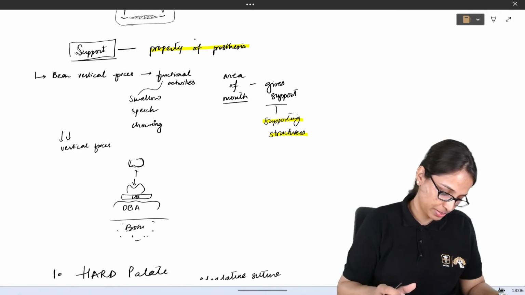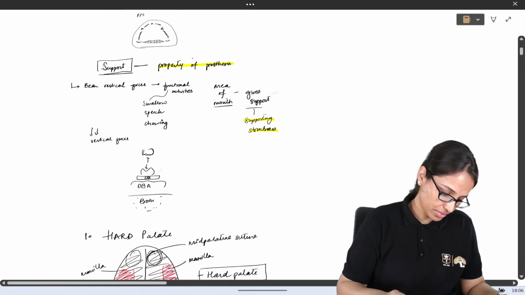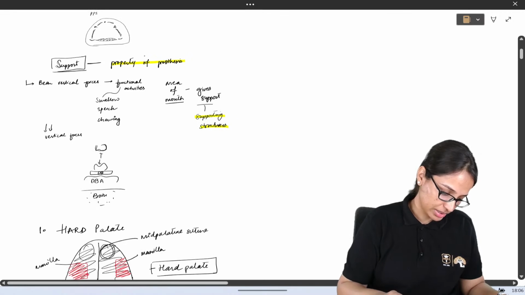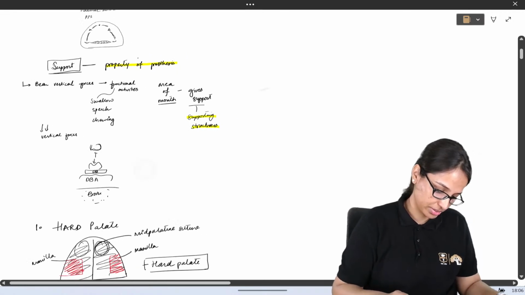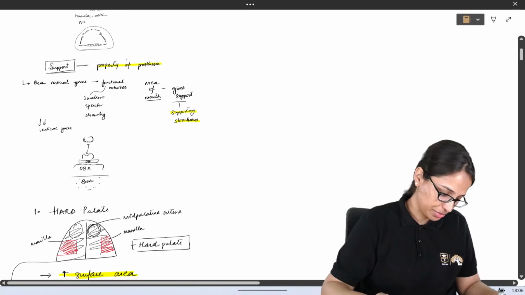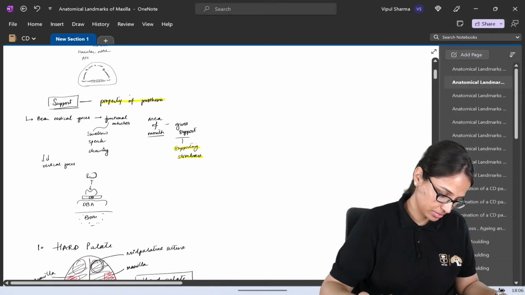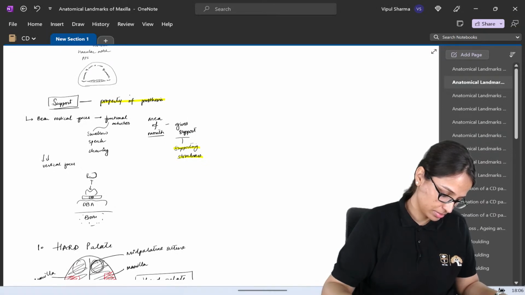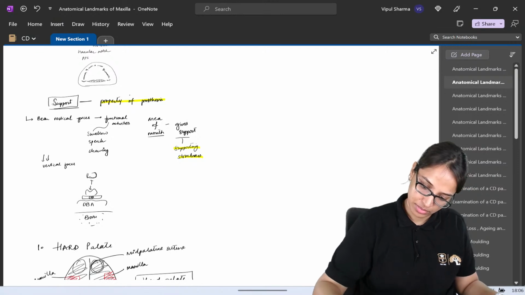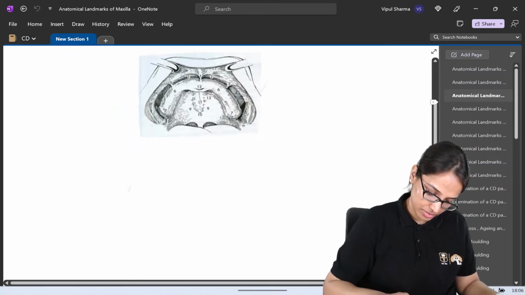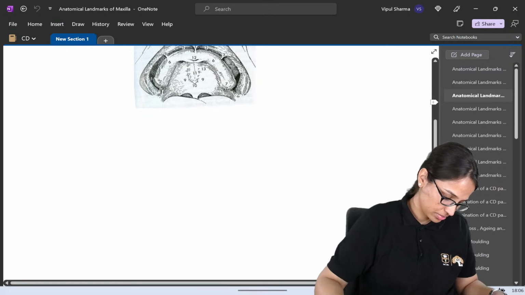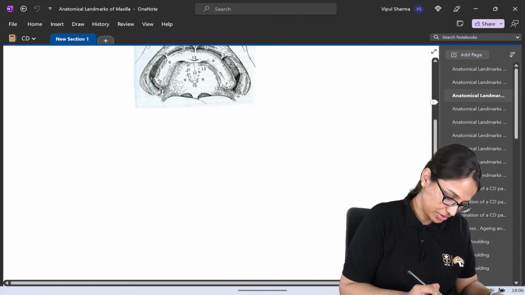Now the next aspect that I will start is about your limiting structures. That is the second part of your anatomical landmarks. Just let me open up the correct page for it. So we will start with the limiting structures here.